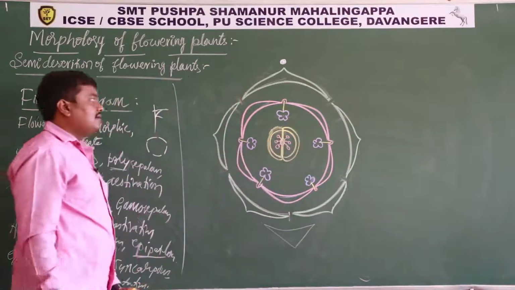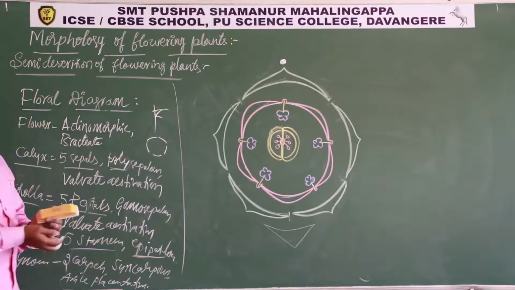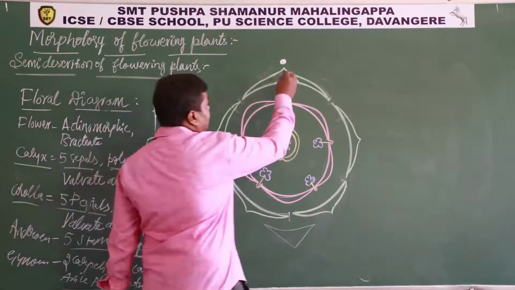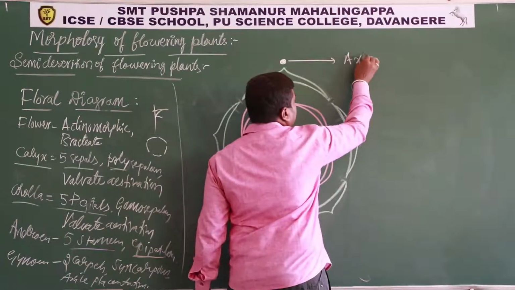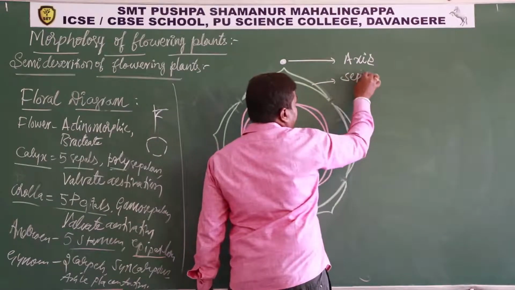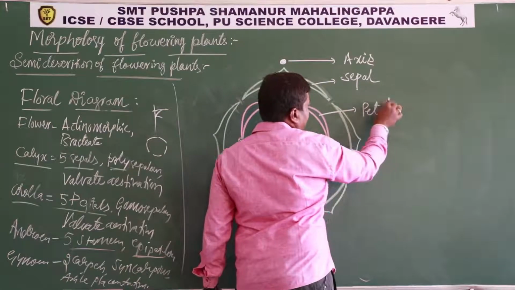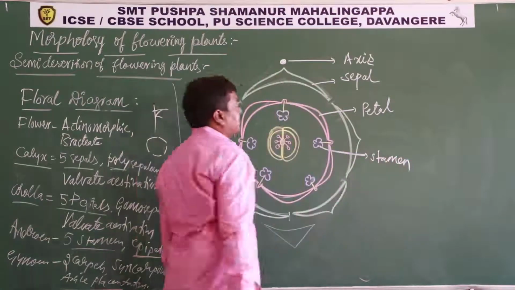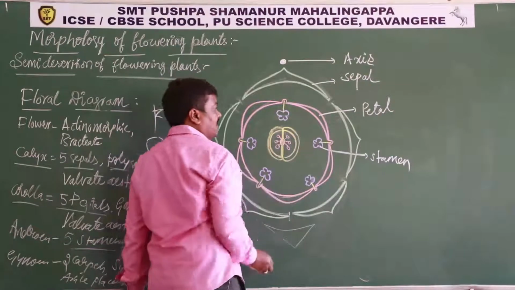So this indicates axile placentation. Placentation is axile. Okay, see there? So this is the axis. So let me label it. So this indicates axis. So this indicates sepal. This one is petal. This one is stamen. You should not label it actually. You should not label the floral diagram, but for understanding purpose I am going to label it, that's it.